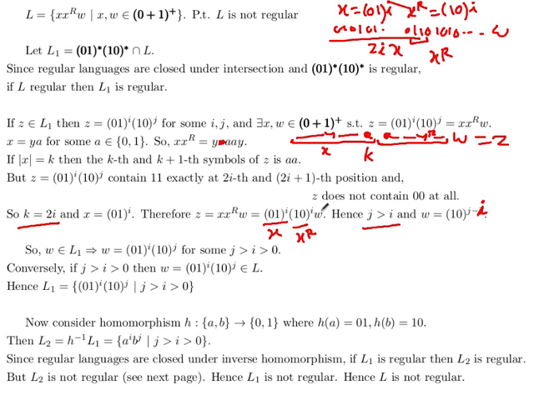So this argument means that if z is in this intersection, then z is of the form (0 1) to the i (1 0) to the j, such that j is greater than i and i is greater than 0, because this x is non-empty, and this part is precisely x.